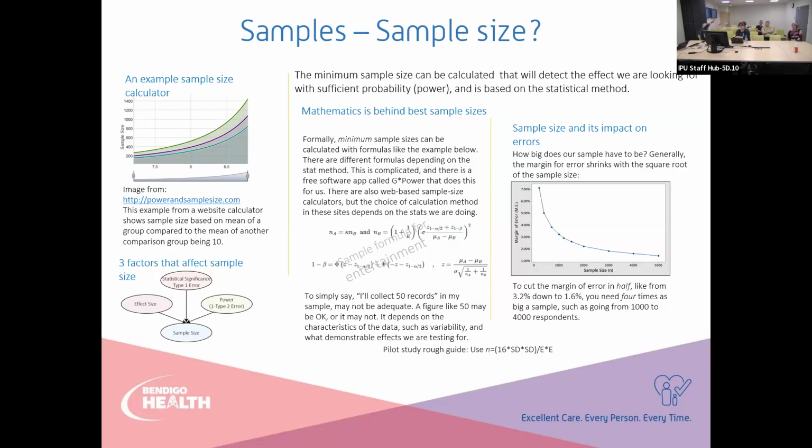If I expect a dramatic change, then my sample size can be quite small and might only be 30 or 40. That expected change from pre to post is called the effect size. If I've got a large effect size, my sample can be small. If the effect size is little, then the sample size can be very large.